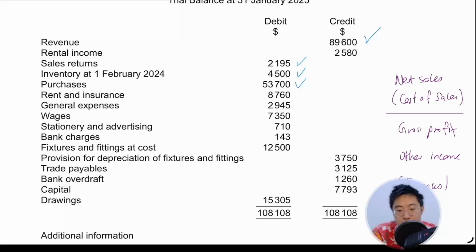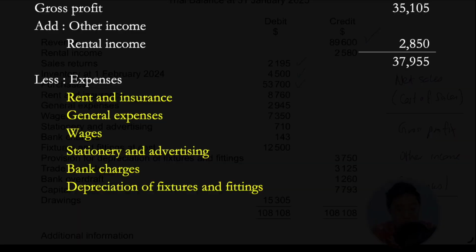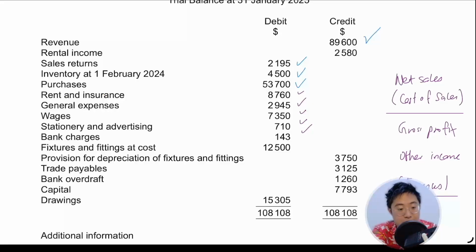Expenses. And then when you minus expenses, in this case, let's figure out what our expenses are. We have general expenses, rent and insurance, wages, stationery, advertising, bank charges, and then depreciation. Okay, because I know fixtures and fittings are an asset, but because it's a non-current asset, it can depreciate.